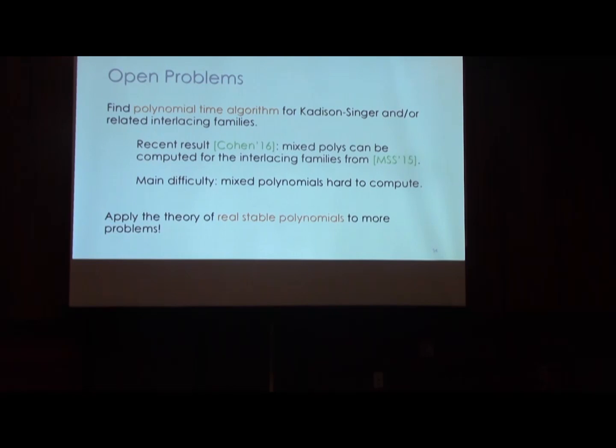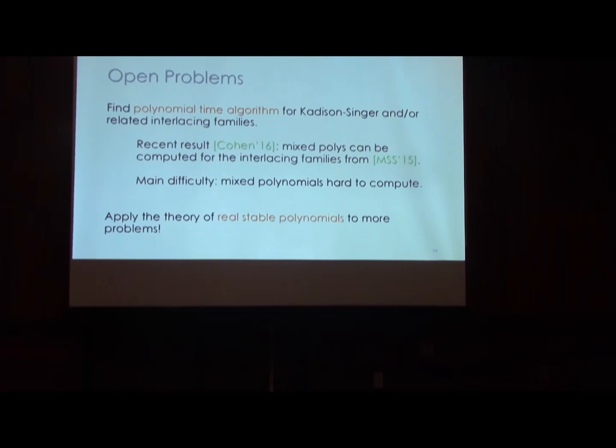So there is a recent result of Cohen, who is, I think, presenting at this conference. He managed to prove that you can actually compute these polynomials in a setting which gives you Ramanujan graphs of all sizes. This is one of the more recent papers of MSS.